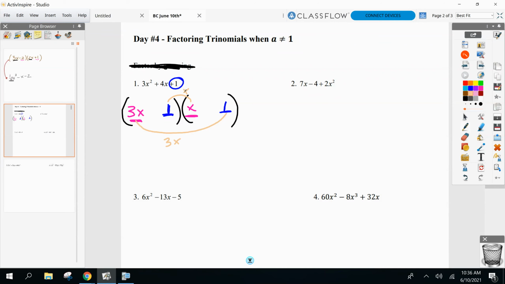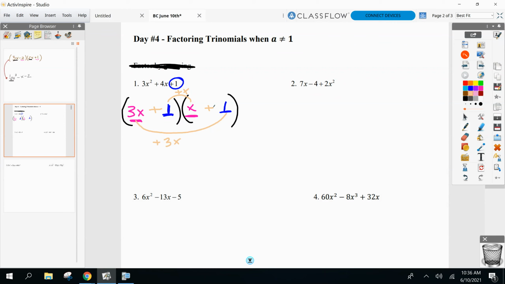Can you somehow put signs in front of 3x and x so I will get a 4x in return? Hyla? You put positive and positive, right? That's how I'm going to get a 4x in the middle. So what do both my signs inside the parentheses have to be? There you go. You factored it.